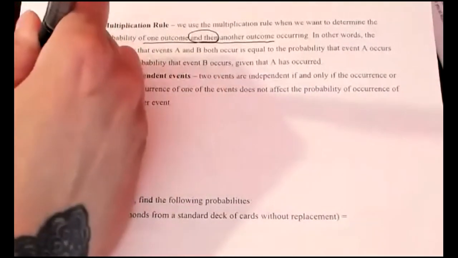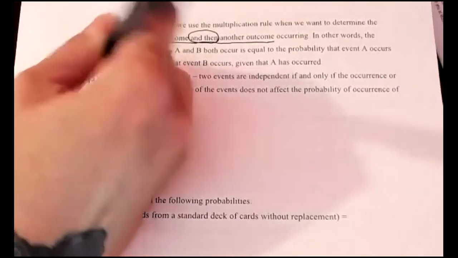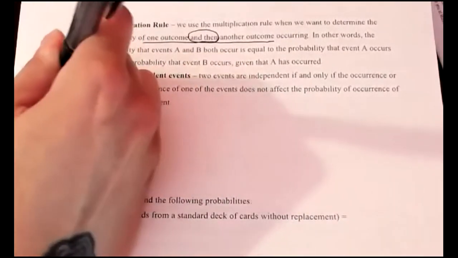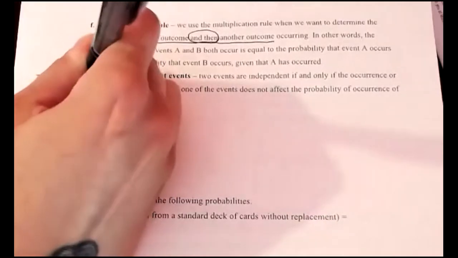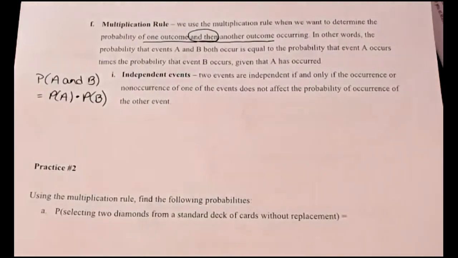The probability of A and B is going to be equal to the probability of A times the probability of B. And that's how you would write it out.